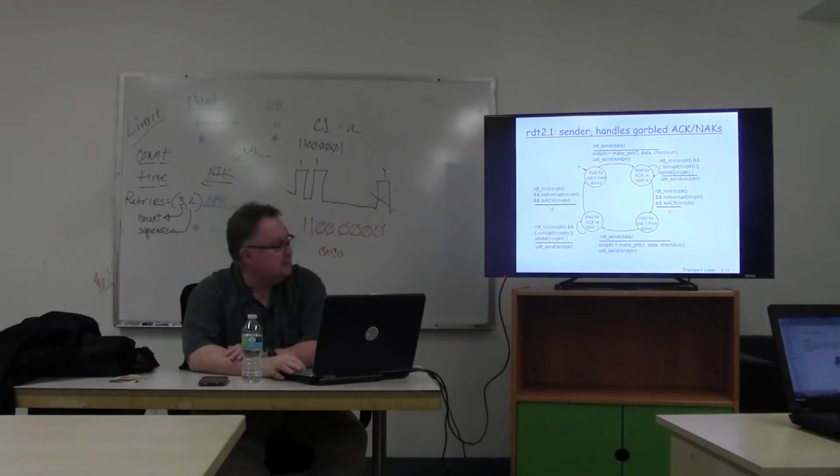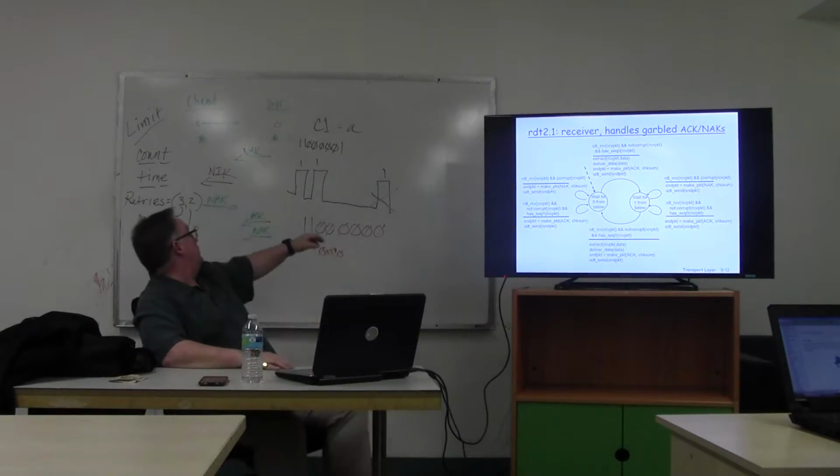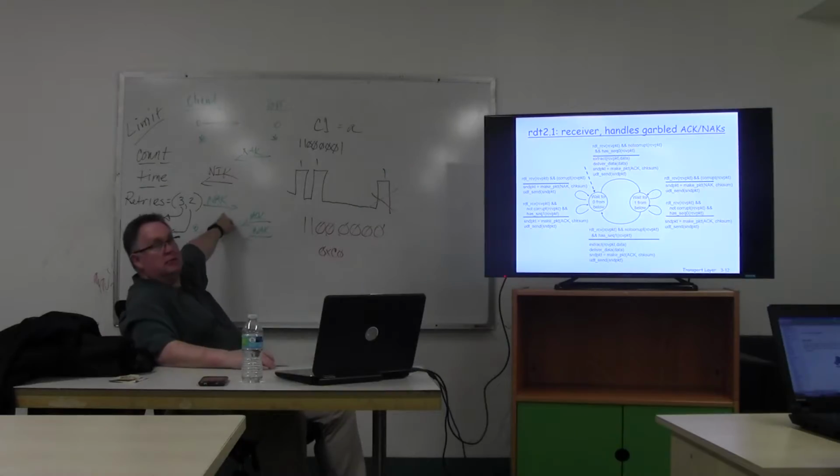Okay. All right. So at the receiver end, this is how we handle garbled ACKs and NACKs. And the problem is I may get a NACK back to something that I have no idea what it's a NACK to. So I implement sequence numbers, now I know.